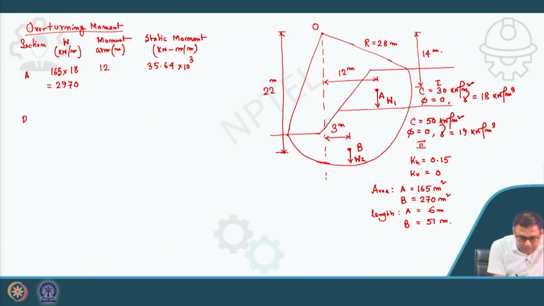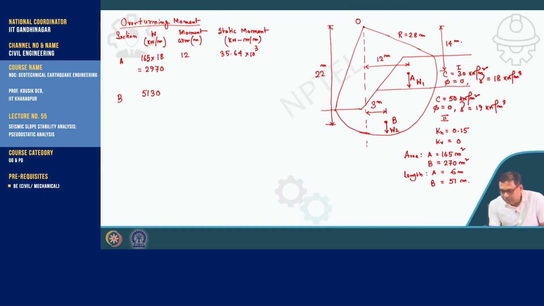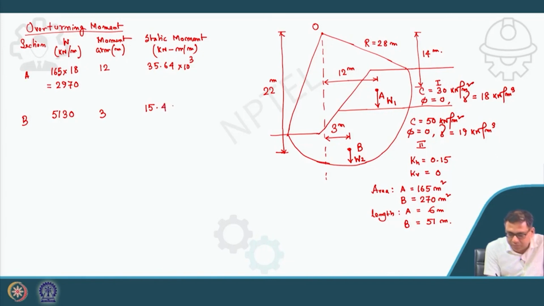Similarly, for section B, the weight is 5130. The moment arm will be 3 meter, because we are taking moment with respect to O. So this will be 15.4 into 10 to the power 3.